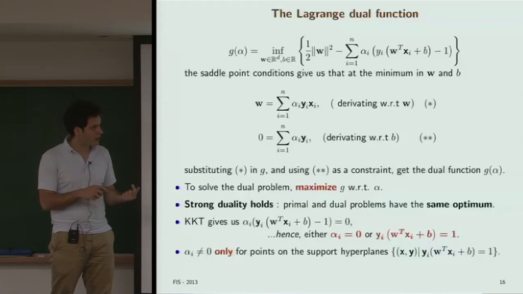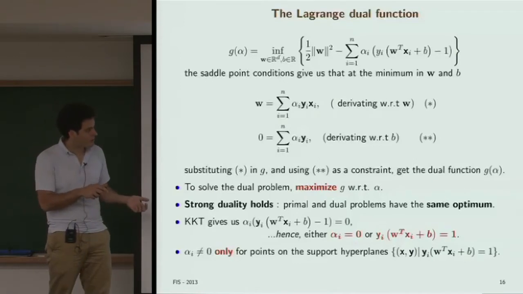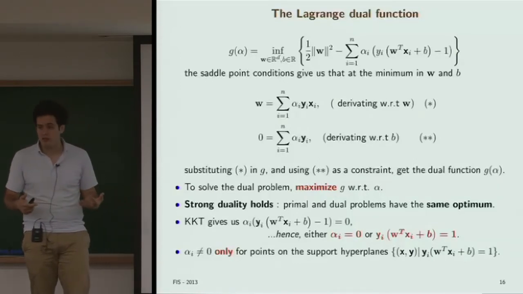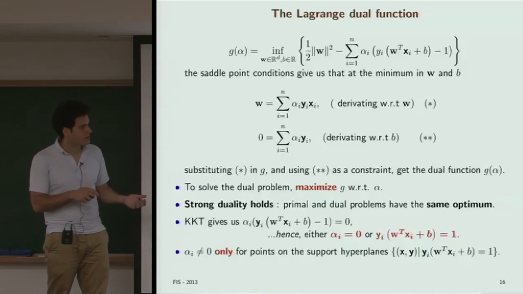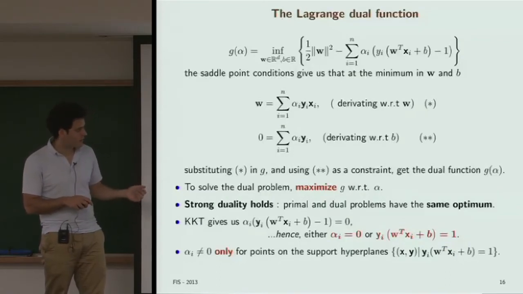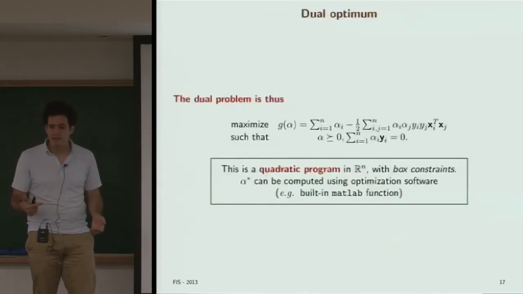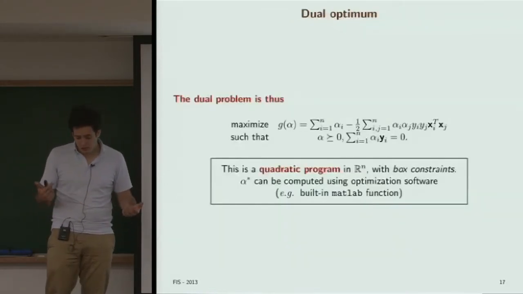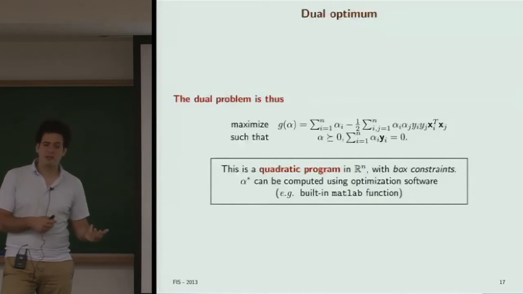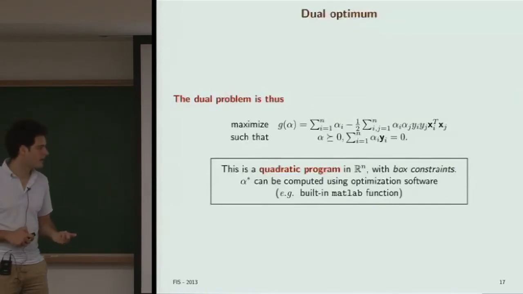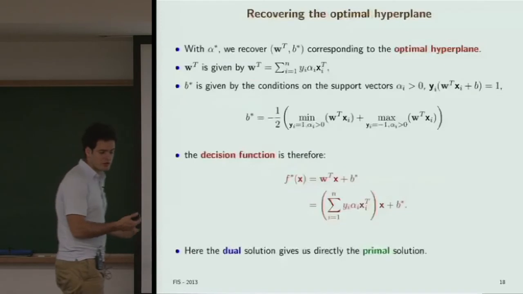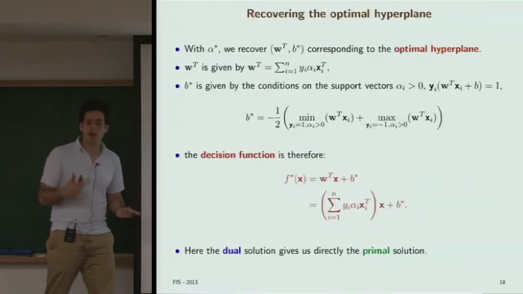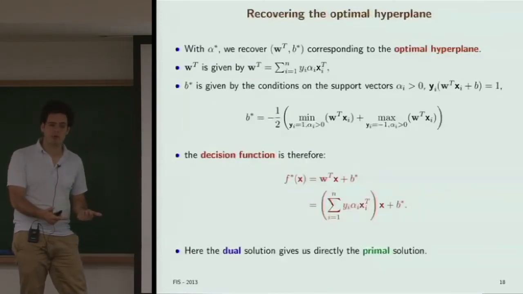Once you have recovered the actual function form, sometimes you can optimize this explicitly, sometimes you cannot. But here we can, because this is just a quadratic function. Then we get the explicit form of g of alpha, and maximizing g of alpha is equivalent, in this case, to minimizing the primal. And once we have the solution alpha star, we can recover the solution for the primal problem, W and B.